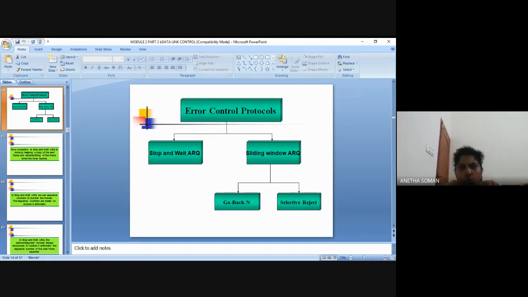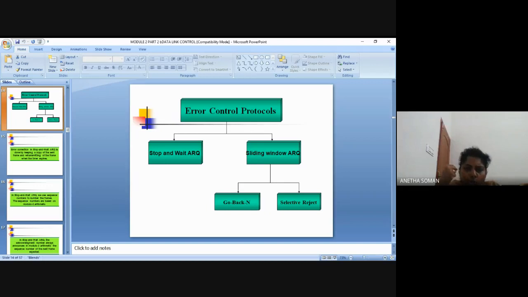In order to do that, the first thing is the frame should be numbered, so sequence numbers should be there to number the frames. The second is that everything is based on modulo 2 arithmetic. The third is that the acknowledgement will also be numbered, and that number represents the next frame expected.